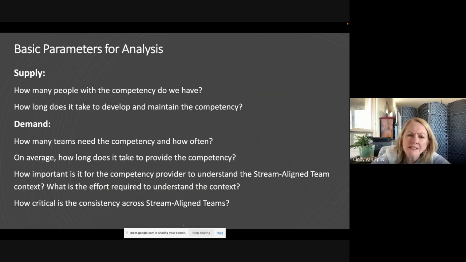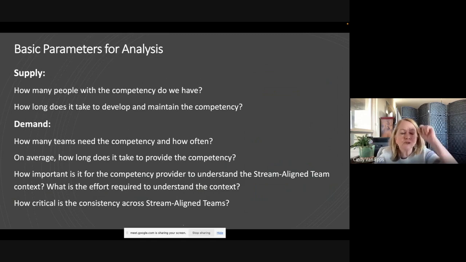How important is it for that person who's assigned to give me information security advice or analytics help, how important is it for them to understand exactly what my stream-aligned work, that means customer-facing work, how long does it take them to understand my context? What's the effort to understand it?